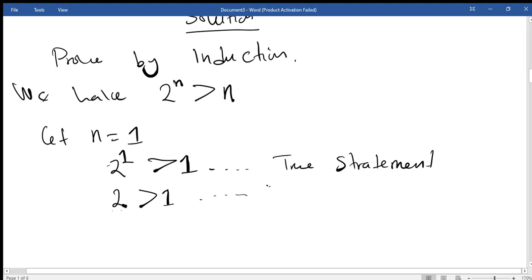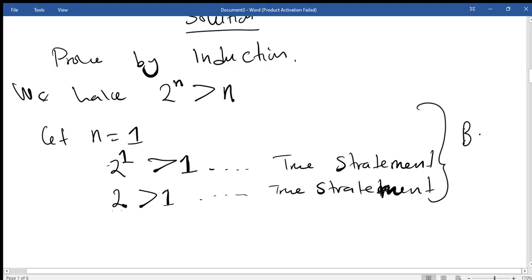You even write true statement. This is the base step, where n is equal to 1. The next part you have to show is the inductive step.